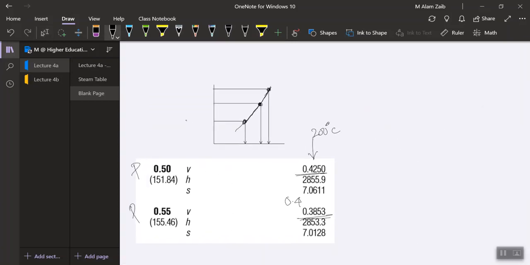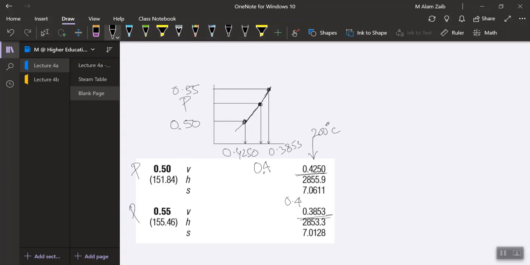So we have got a pressure of 0.5 megapascal, corresponding to which we have a volume of 0.4250, and we have got a pressure of 0.55, corresponding to which we have a volume of 0.3853, and obviously at 0.4 volume we are looking at the pressure.